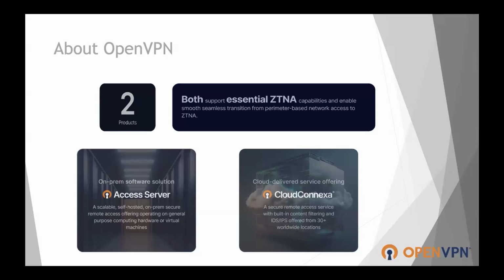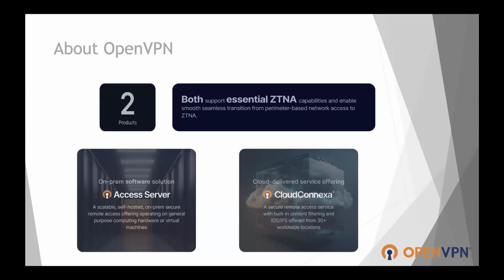But for about 20 years or more, we have also been developing commercial VPN software and services for businesses. We have two products. One is the Access Server, which we are going to talk about today. The other one is a service offered through 30 plus points of presence all around the world.